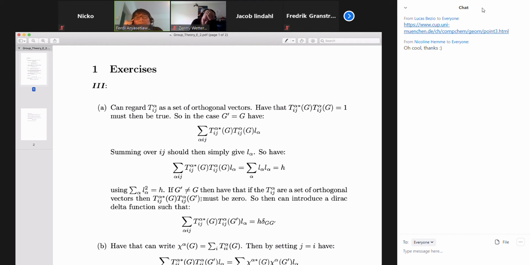But I think we want to show, from the fact that these vectors are independent, each independent vector labeled by alpha ij, that from that we want to show that the G are different than the sum of the labels give us this delta.